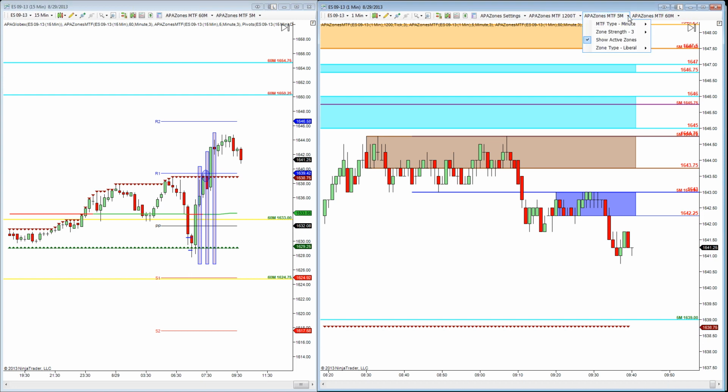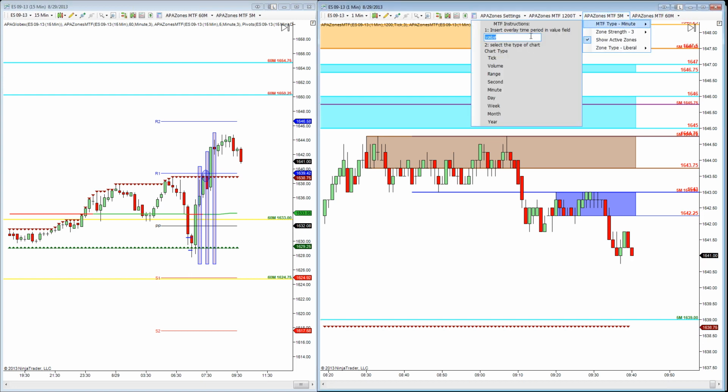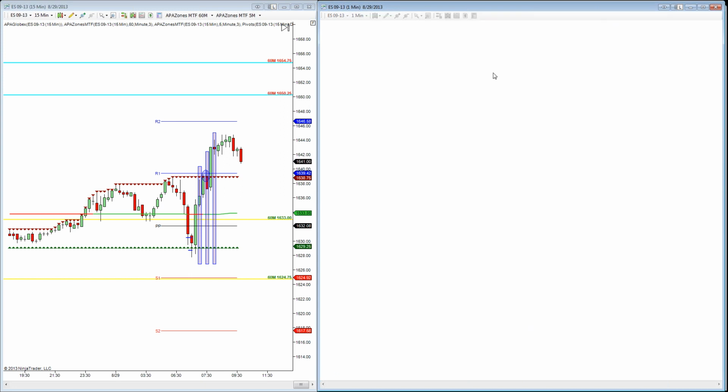There's our 5 minutes, but you know what we can do with this? We can type in 6 on our MTF, hit range, and it recalculates everything for us, adding our 6 range zones in there for us to watch as well.